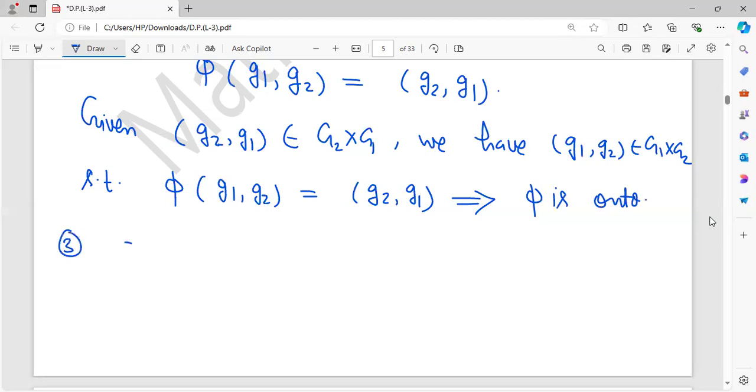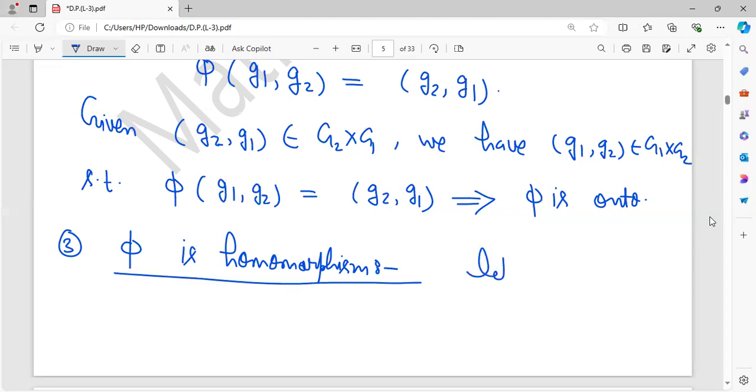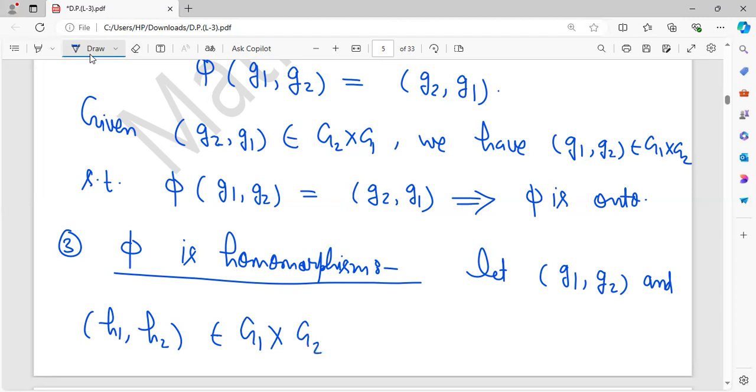Third one is phi is homomorphic. So let (g1, g2) belong to G1 × G2 and (h1, h2) belong to G1 × G2.